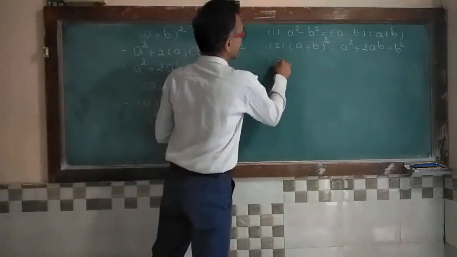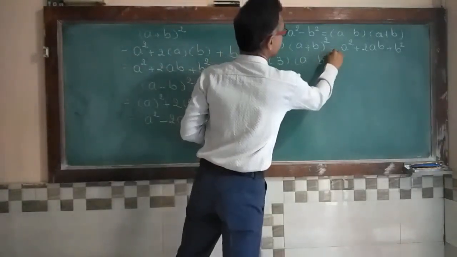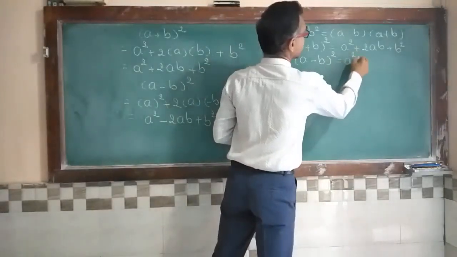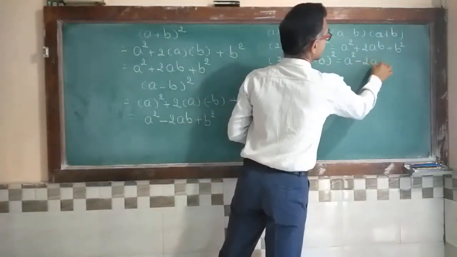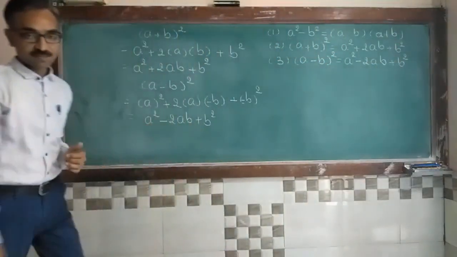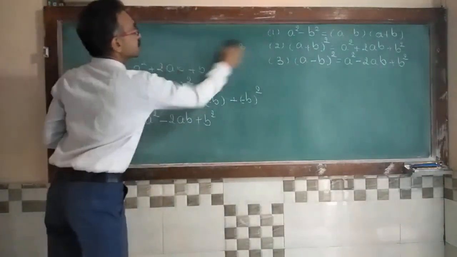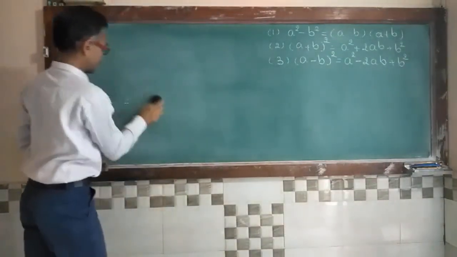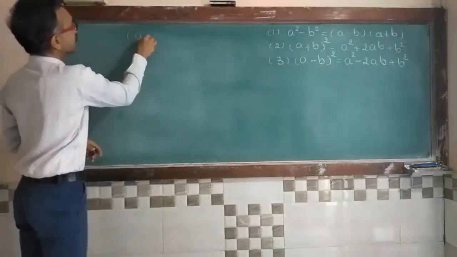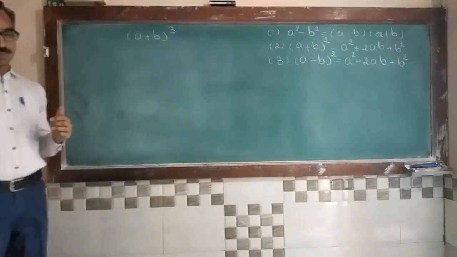We have the third factor: if a minus b whole raised to square, then the answer is a square minus 2ab plus b square. Now next, suppose you are given a plus b whole raised to cube.